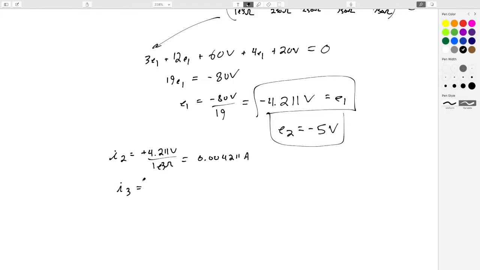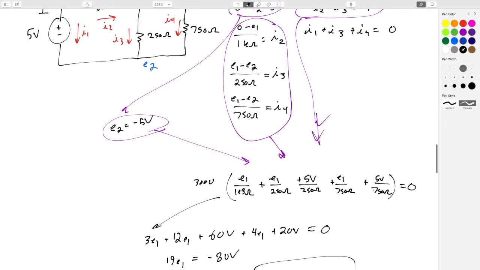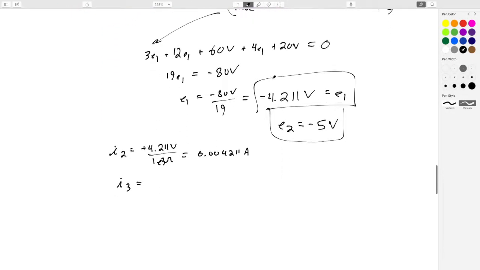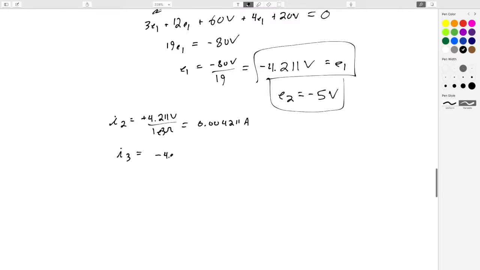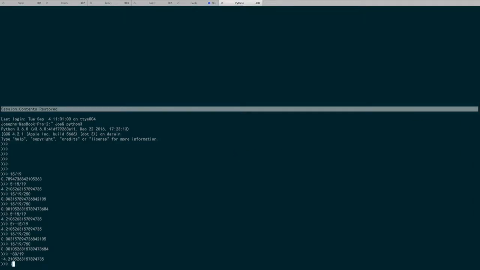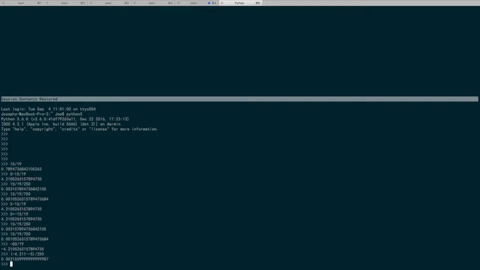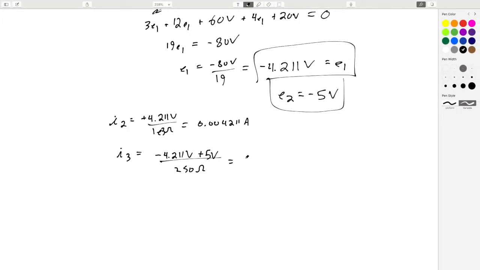I3 will equal E1 minus E2 over 250 ohms. So that'll be negative 4.211 volts minus negative 5 over 250 ohms. Just so you see me typing it out, negative 4.211 minus negative 5. 0.00316 amps.